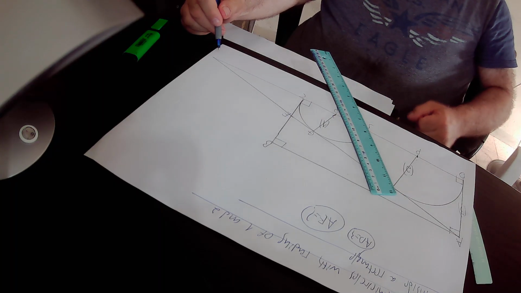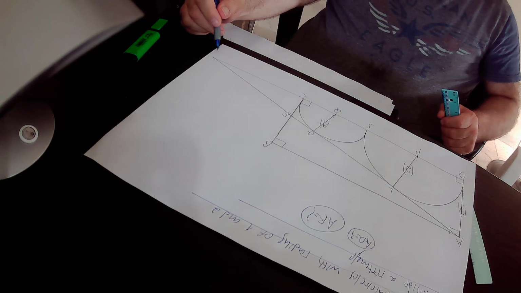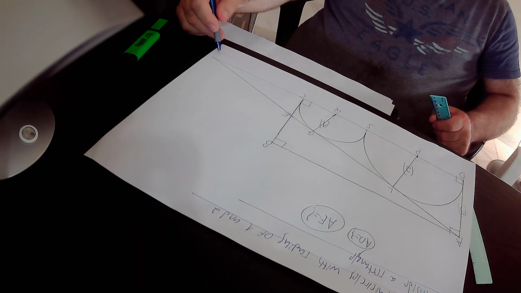Okay, this is their touching point. We define their touching point. This point is point F.